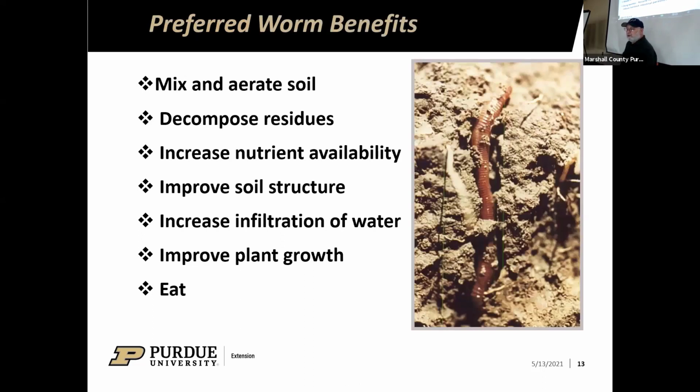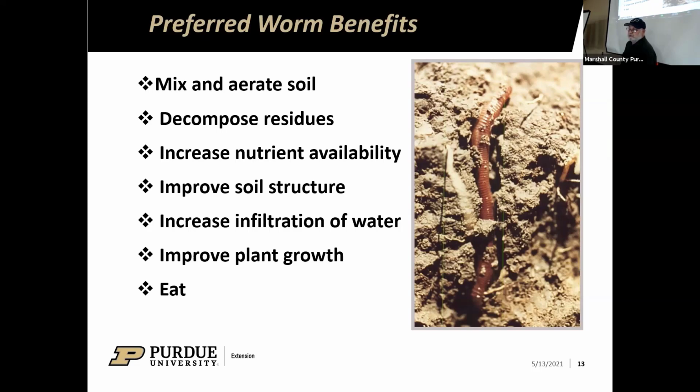So, preferred worms benefits, and I say preferred worms because we have worms that live at the soil surface and are quick to decompose organic matter without really making it available to other soil organisms because they live at the top of the soil. The productive worms are the ones that burrow down into the soil. So they mix and aerate our soil, decompose residue, increase nutrient availability, and take nutrients down into the soil with them, plant material residue.